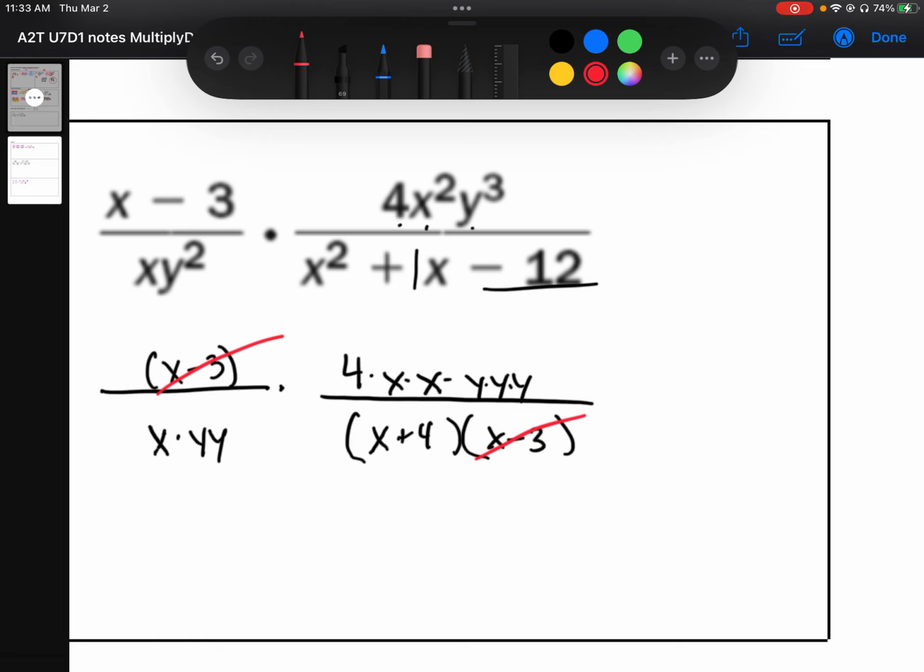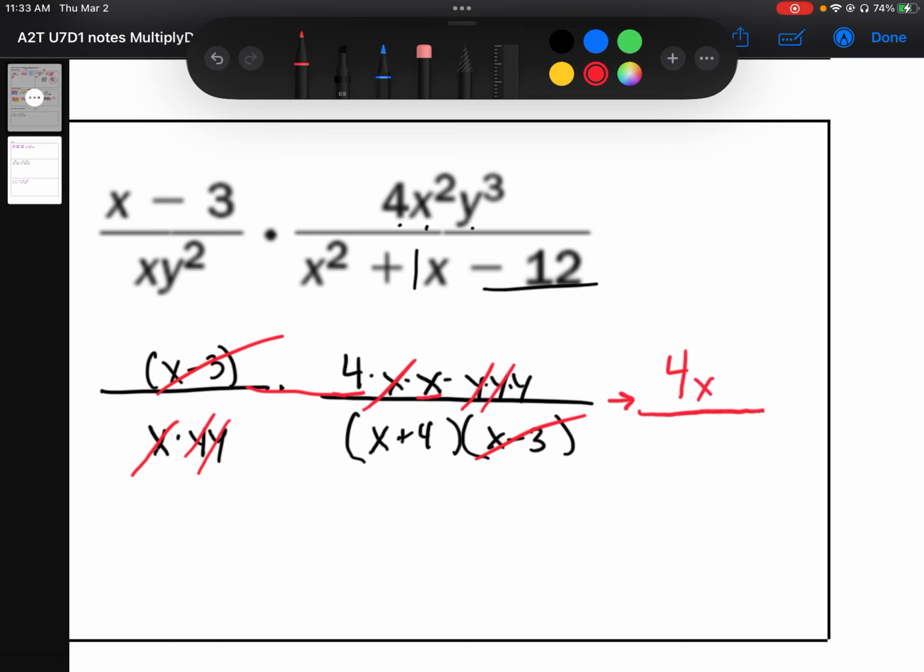Okay, now I have, and this is really one big fraction bar, because multiplying fractions, I just multiply everything on the top, everything on the bottom. All right, so I can cancel out 1 x on top, 1 on bottom, 2 y's on top, 2 y's on bottom. And what is left? In the numerator, I'm left with 4 and x, so 4x.